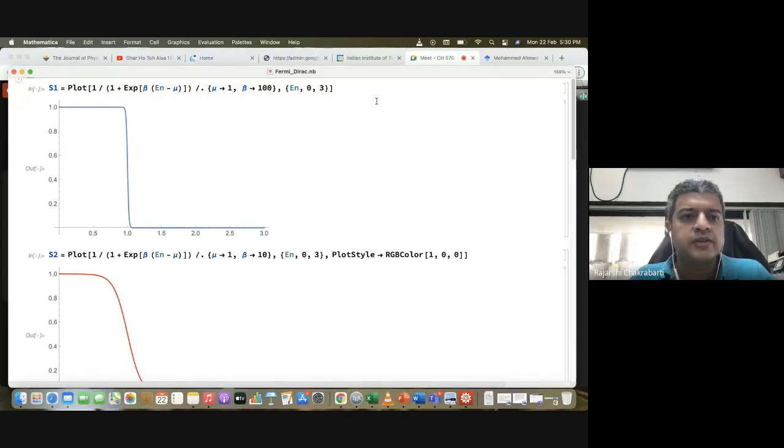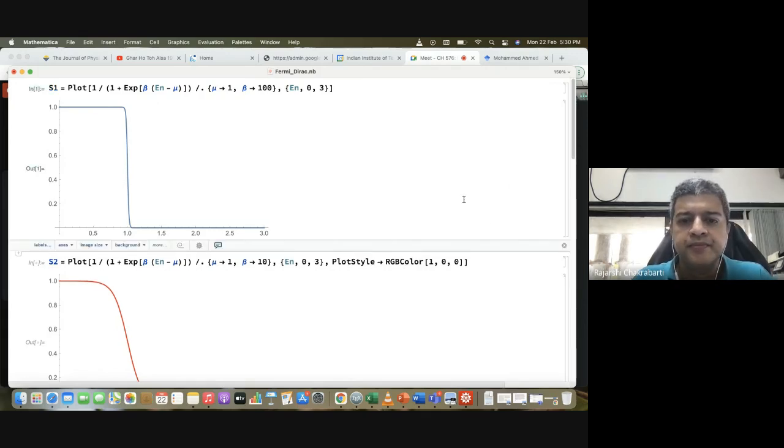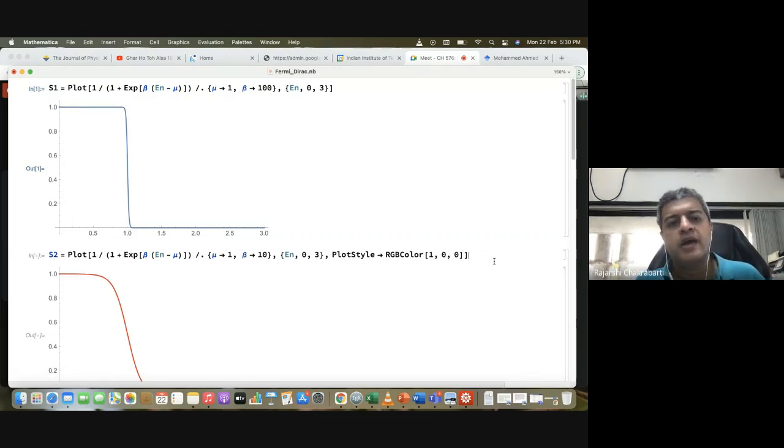In the last class, I had this, your average occupation number. N average is given by this expression. If you plot it for some finite temperature, it will look something like this. And if I plot it for a higher temperature, it will look something like this.